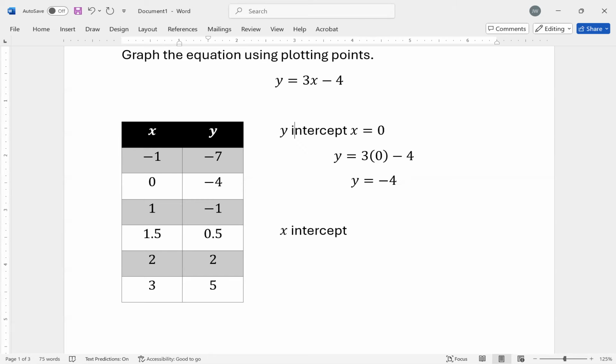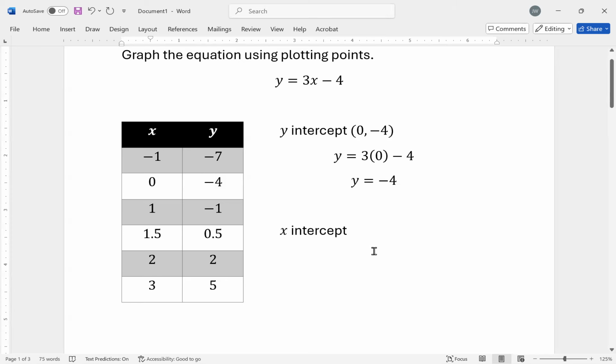But specifically in this class, I always say the y-intercept is the point 0, comma, negative 4. The y-intercept is the point where our graph hits the y-axis. So in this case, that's 0, negative 4.